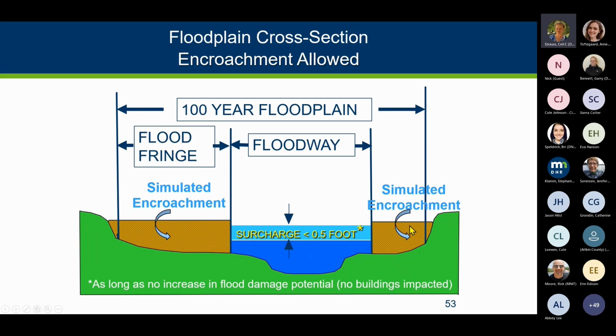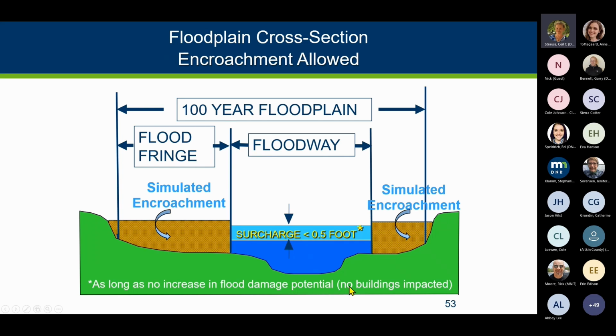And so that part of the cross-section is not available for the water to flow through. And if you obstruct part of your area where your water is going to go through, it does cause the water elevation to go up. And nationally, that limit is it can go up a foot. In Minnesota, we're limited to half a foot, and it can't increase flood damage potential.